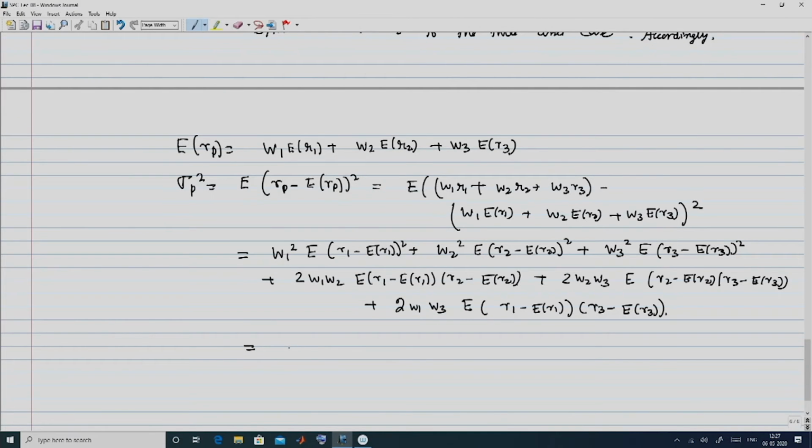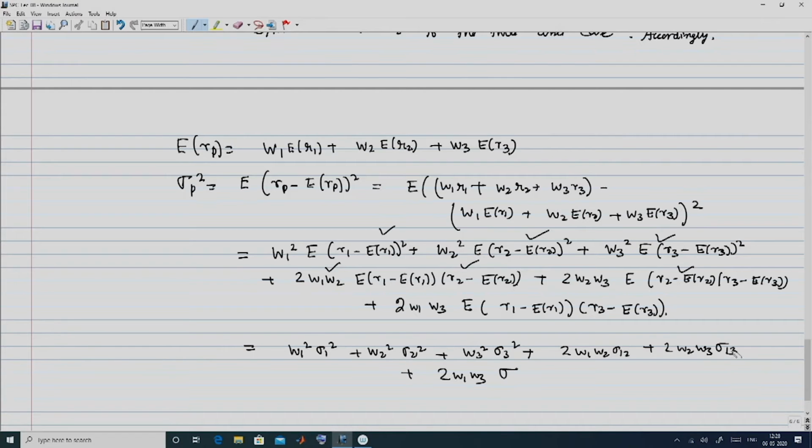So, this can be now rewritten as W1 square sigma 1 square plus W2 square sigma 2 square plus W3 square sigma 3 square, and this term is going to be twice W1 W2 into sigma 12 plus twice W2 W3 sigma 23 plus twice W1 W3 sigma 13. So, this is actually sigma 23 and this is sigma 13.